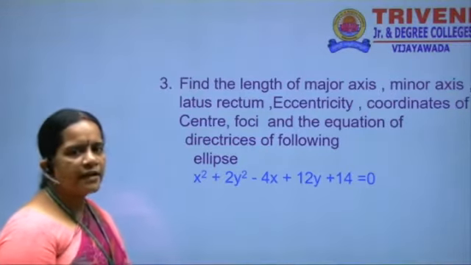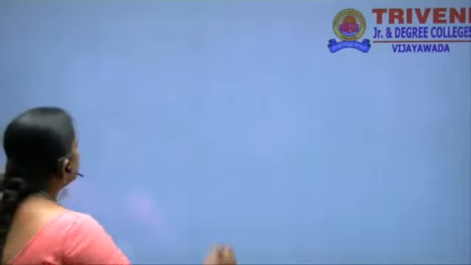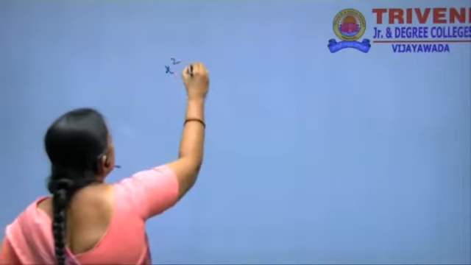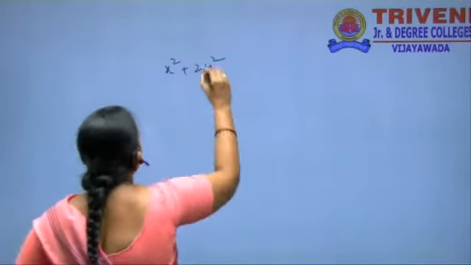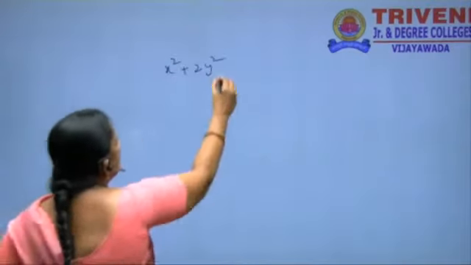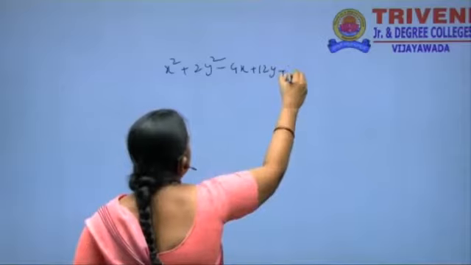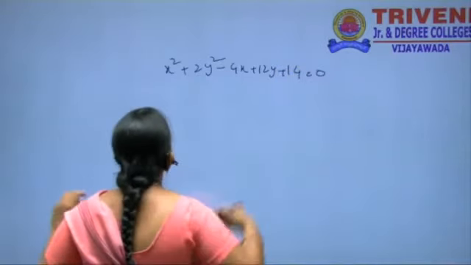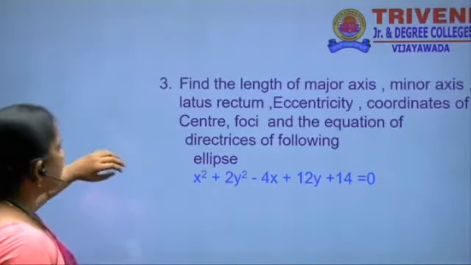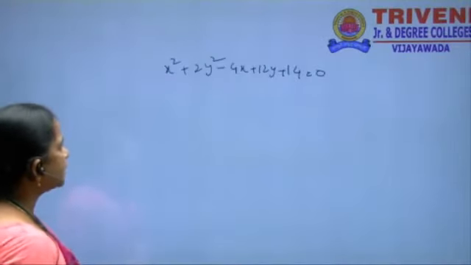This can be converted into the ellipse standard form. That is x square plus 2y square minus 4x plus 12y plus 14 is equal to 0.